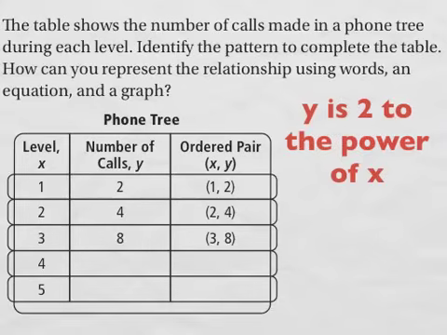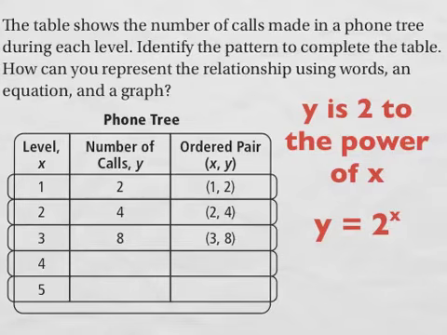Y is 2 to the power of x is how I would say it using words. Written in an equation, it would be y equals 2, and then my exponent would be x, because that's going to be my input. That's where I'm going to plug in, for instance, 4. So 2 to the fourth power means 2 times 2 times 2 times 2.